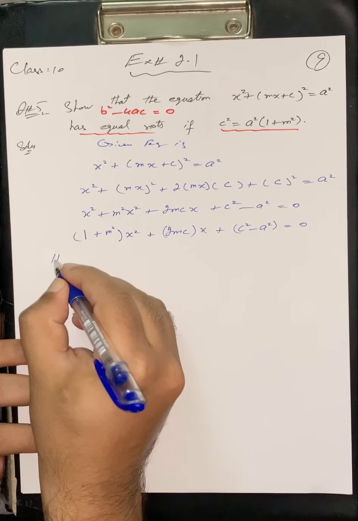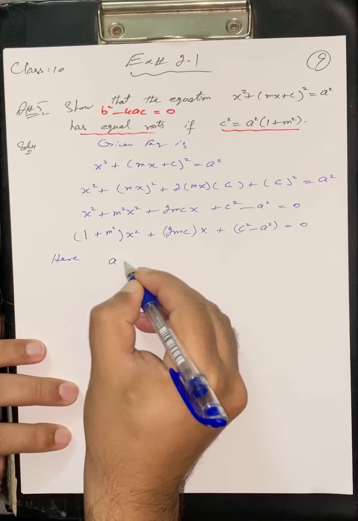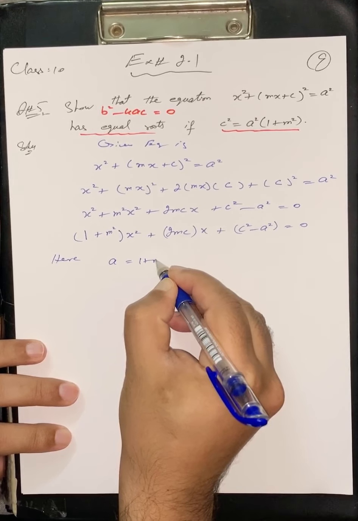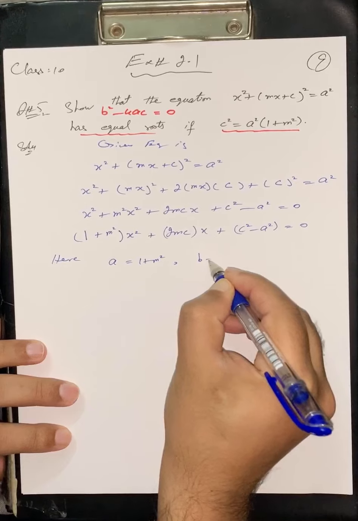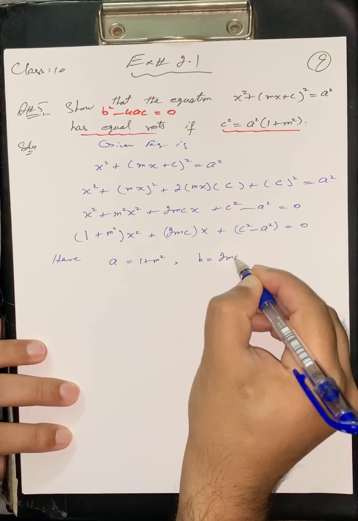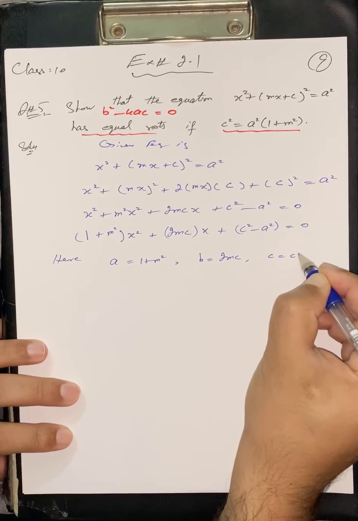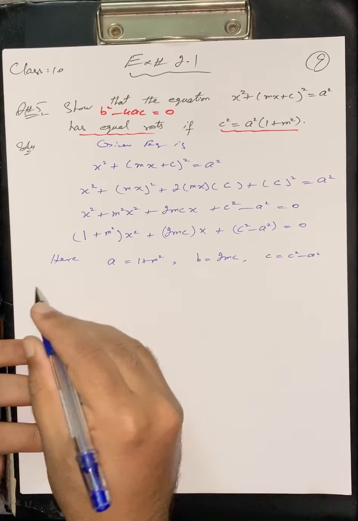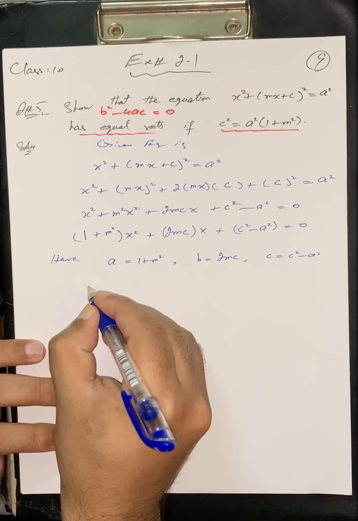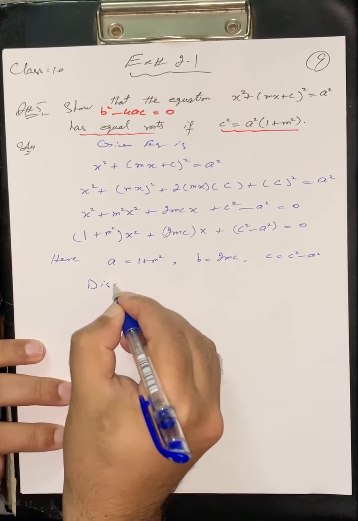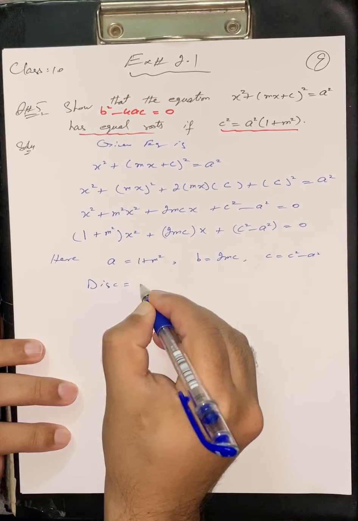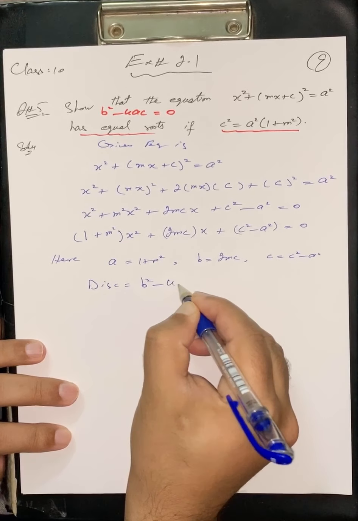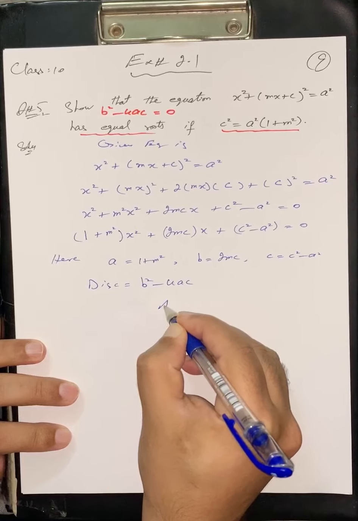So here the value of a is 1 plus m squared, the value of b is 2mc, and the value of c is c squared minus a squared. As we know, the discriminant equals b squared minus 4ac.